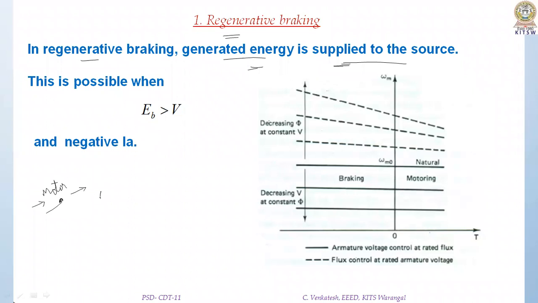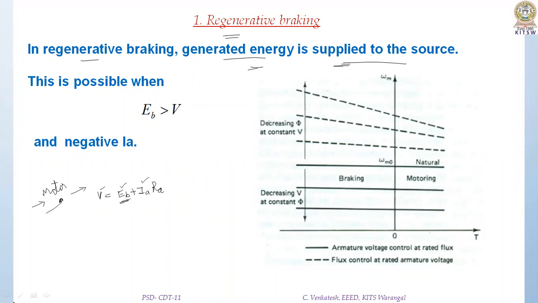We have an equation for any motor in general: V is equal to EB plus IA into RA. The applied voltage is used to meet the armature losses and generation of back EMF. This back EMF is converted into mechanical energy, and its electrical equivalent power is EB into IA.